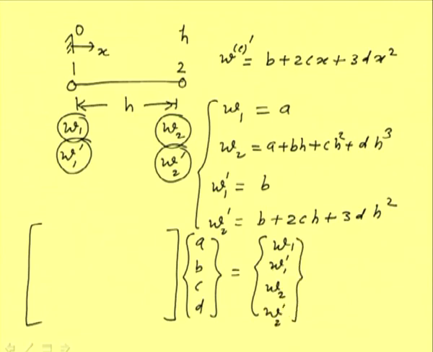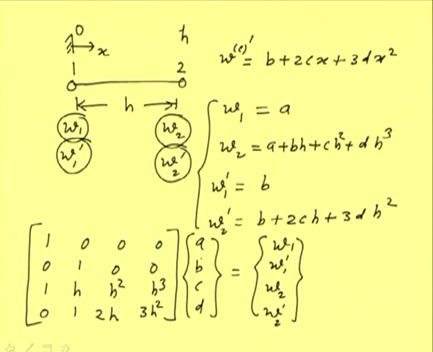The ordering is not an important thing because we can arrange these equations in any form. So here we will have terms like this: 1, 0, 0, 0, 0, 1, 0, 0, 1, h, h square, h cube, 0, 1, 2h, 3h square.